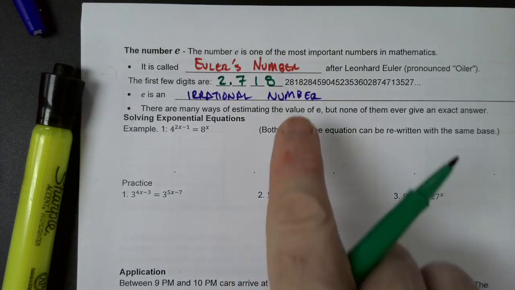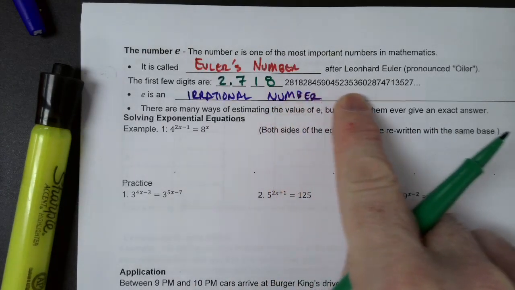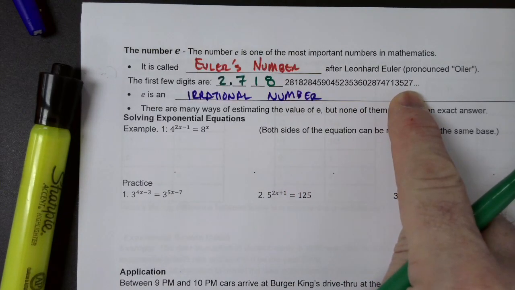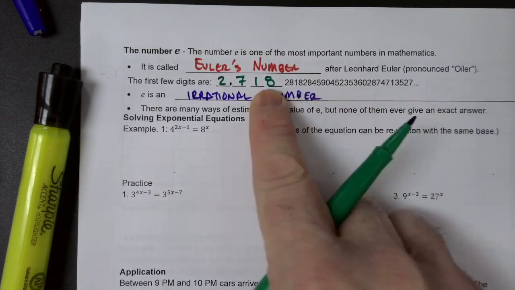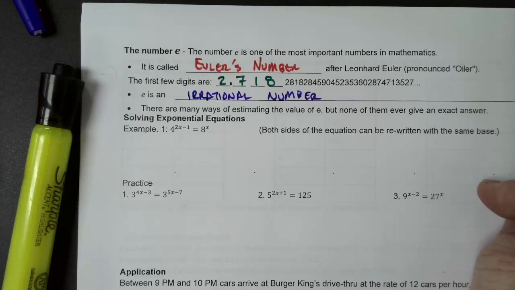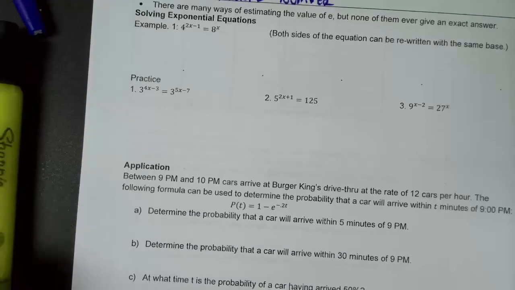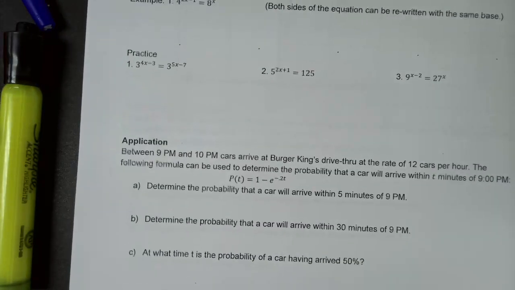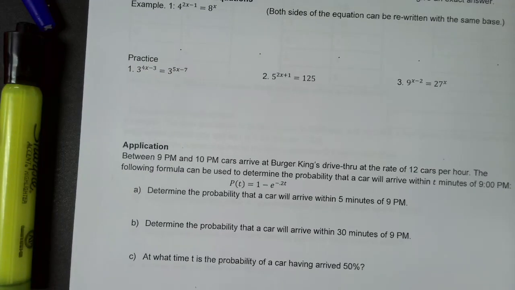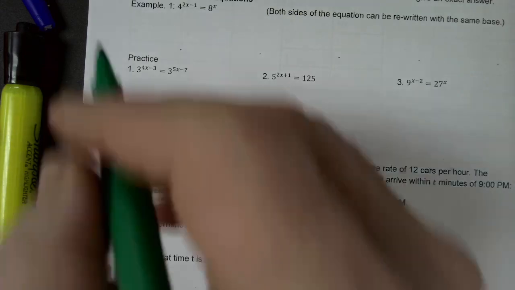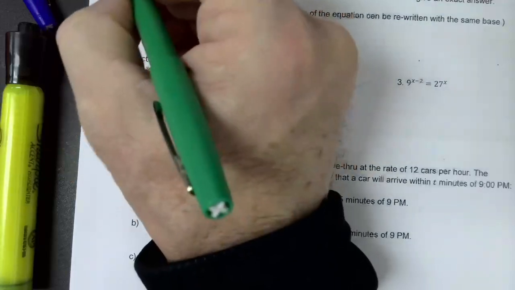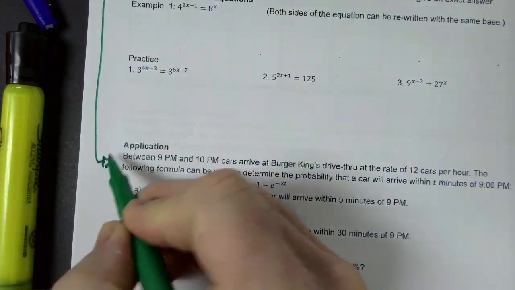If you were to continue on, you would see it has all of these numbers, and no matter how hard you look, you'll never find a pattern in those. Okay. So, why is that important? Well, it's going to show up in some of our exponential calculations. We're just going to pause that thought because it's going to come up down here.